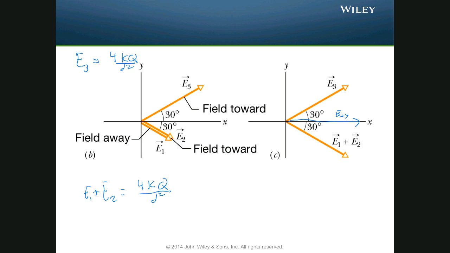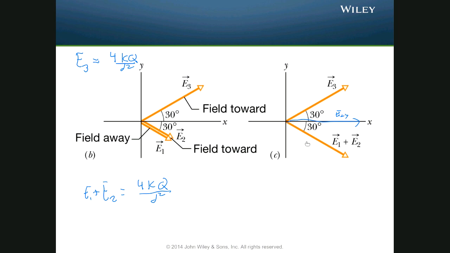If you look here, in the y direction, they do subtract, right? And they subtract evenly. So we know that E3y minus E1 plus E2y is going to be 0. But they add in the x direction.